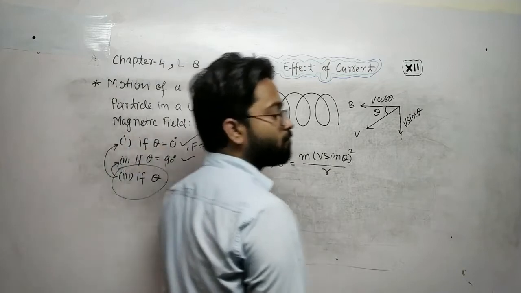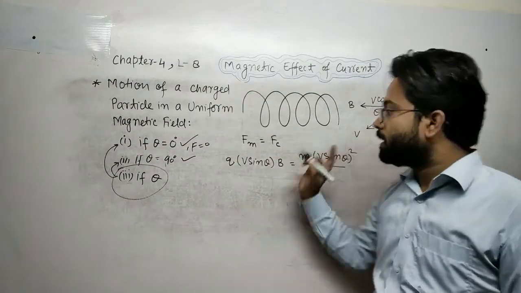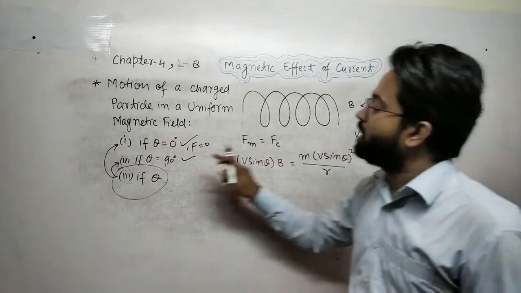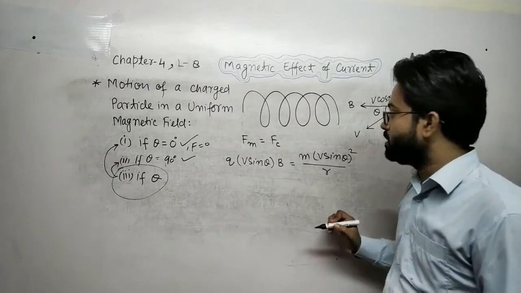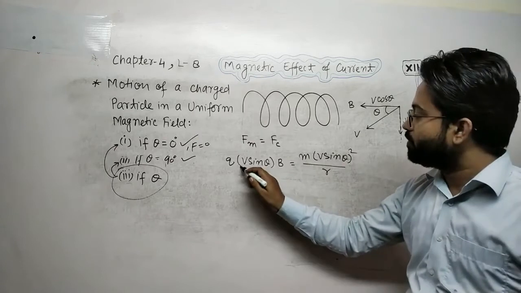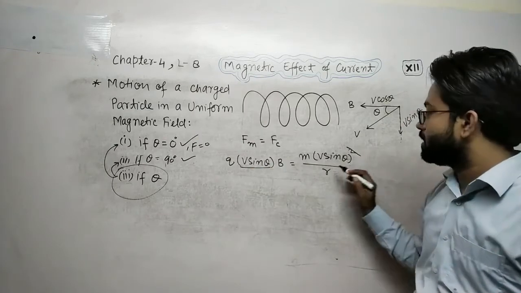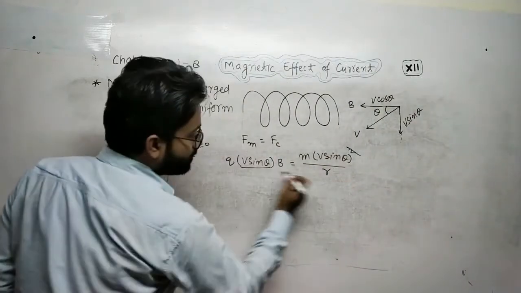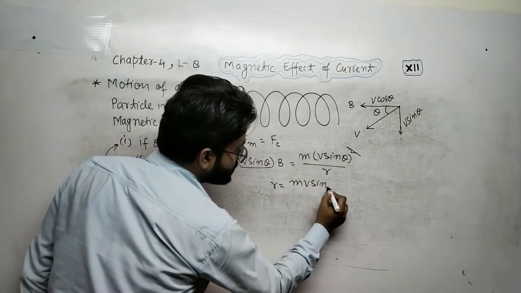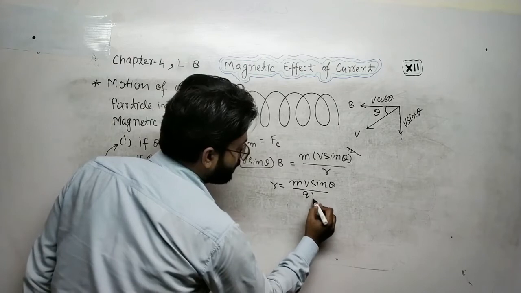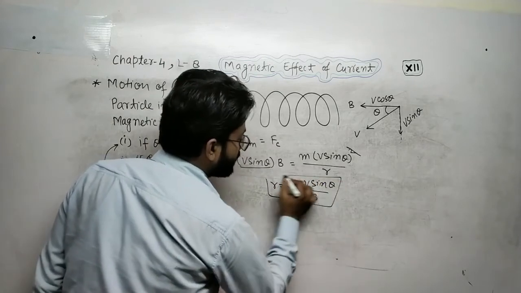In place of v, we take the perpendicular component, because only the perpendicular component is responsible to rotate the charged particle in a circle. Okay, v sin theta cancels out. R is equal to m v sin theta upon q b. This is the radius for the charged particle.